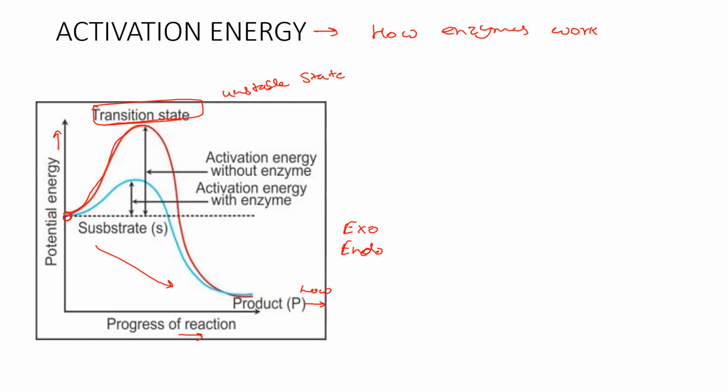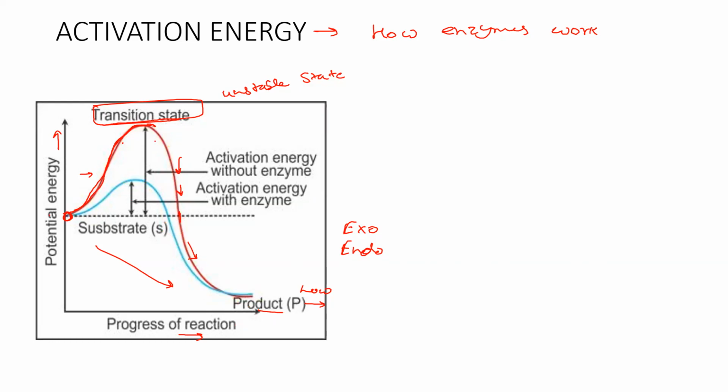So the substrate gains the extra free energy and reaches a slightly high energy state, which is the transition state. Then it loses the energy which it acquired, and then it loses more energy and converts into the product.